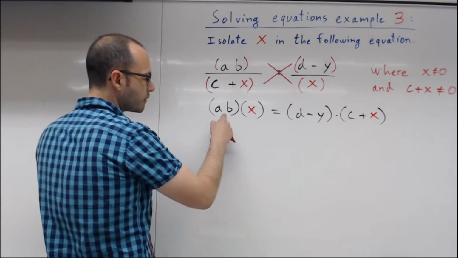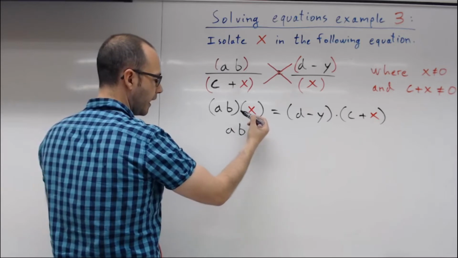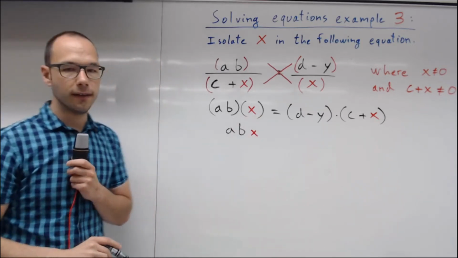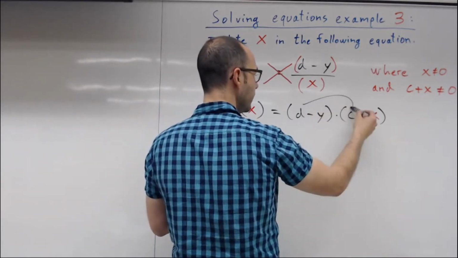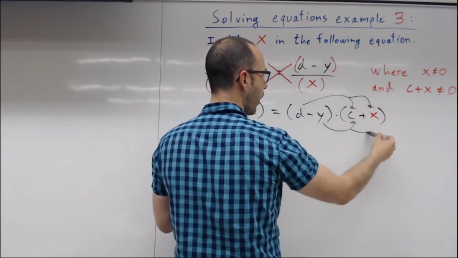There's no plus or minus here, so we can just rewrite this as abx. We don't have to distribute anything in this. On the other side, though, we will have to distribute the d on both terms and the negative y also.